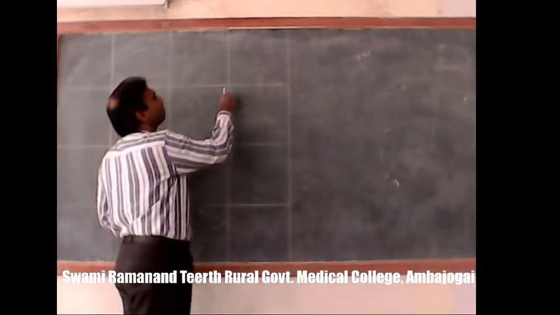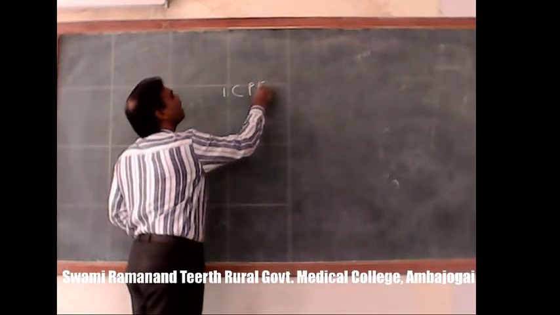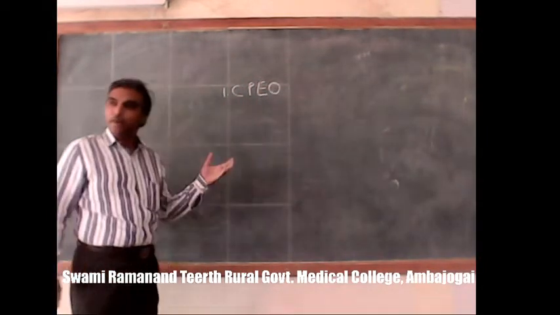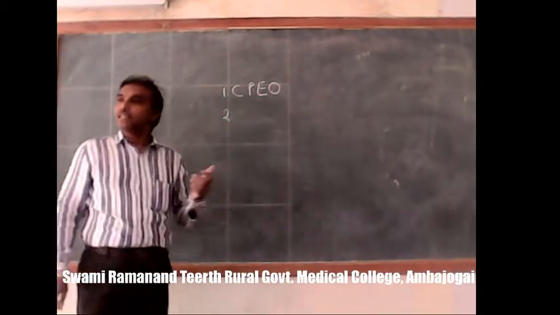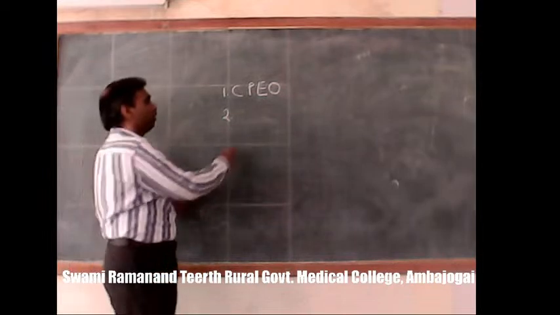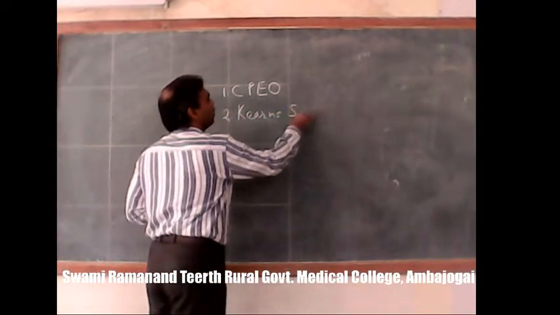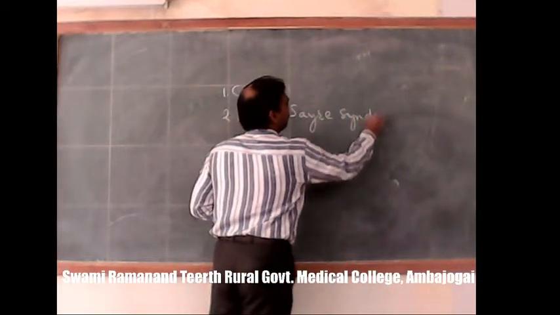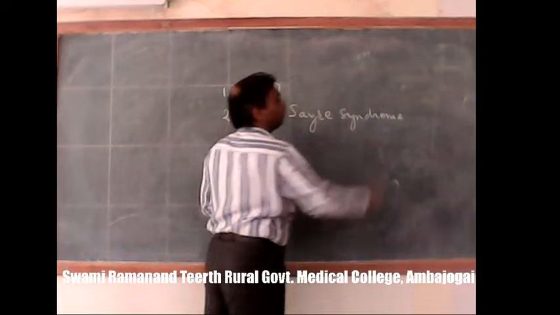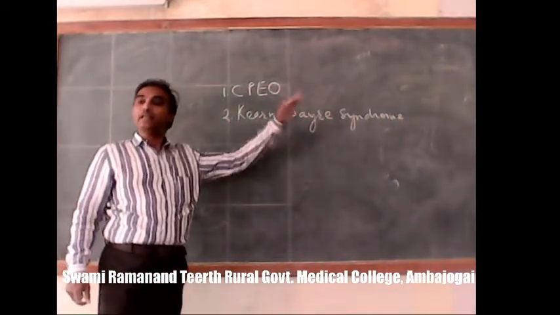They are chronic progressive external ophthalmoplegia. These are the names. Kearns-Sayre syndrome.